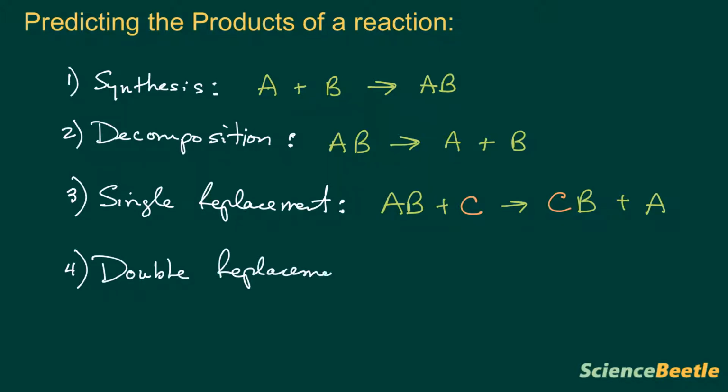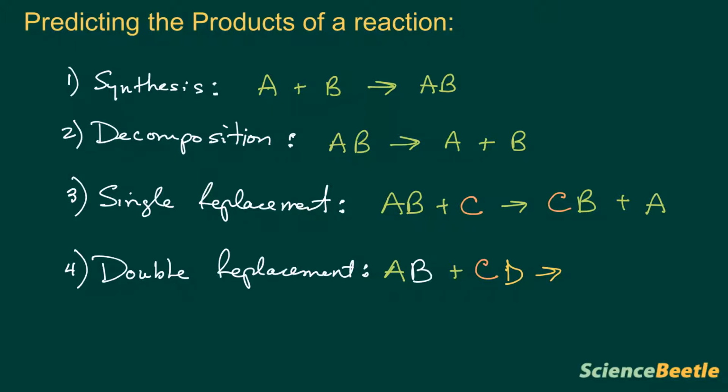And then the last type of reaction was a double replacement, which involved a very similar thing. Here you had AB, and this was going to be combined with C and D. What's going to wind up happening here is you get the shuffling going on.